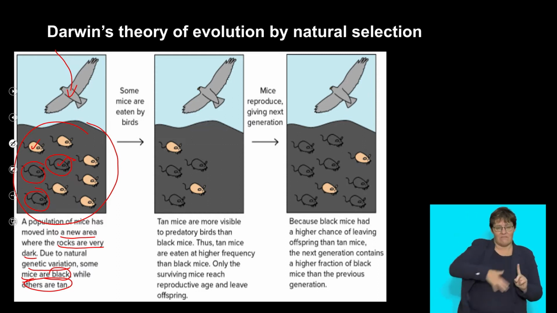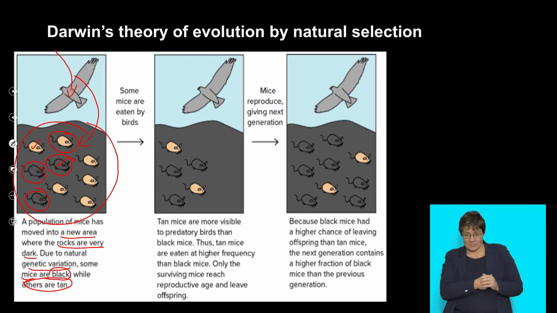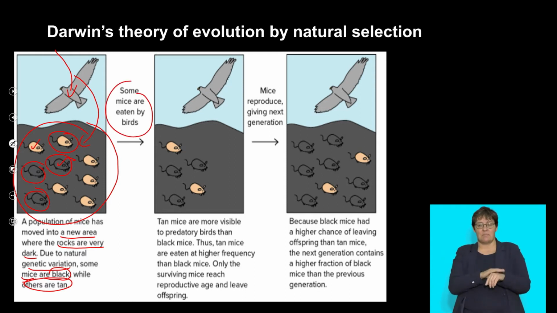So it's not that they have become better, it's purely because of a variation that they have. However, these light colored or tan colored mice are much more easily visible, and so they become an easy, soft target. Gradually over time, we'll find that the distribution and the numbers of these individuals have rapidly decreased, purely because the selection pressure of being lighter colored reduced their chance of being camouflaged.